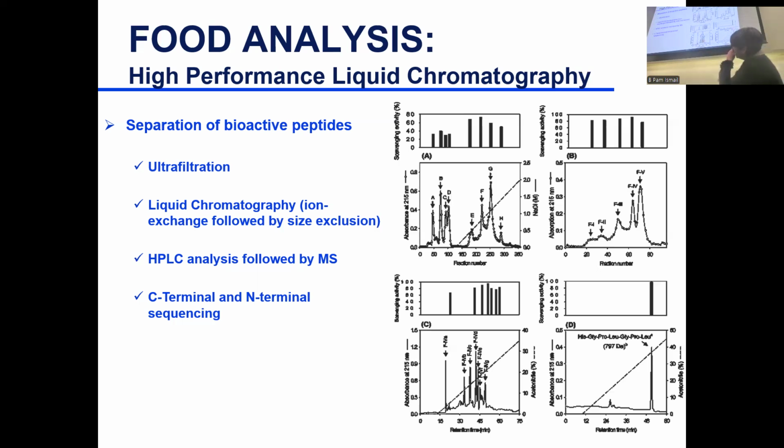So what you do is, if you're hydrolyzing your protein to produce bioactive peptides, then you have a mixture of low molecular weight peptides, a little bit medium, a little bit large, but you know that your most potent will be the smaller peptide. So the first thing you do is you filter. So you ultrafilter, you get the permeate, so the ones that pass through the membrane of small pores, and you throw out the retentate, what stays on the membrane.